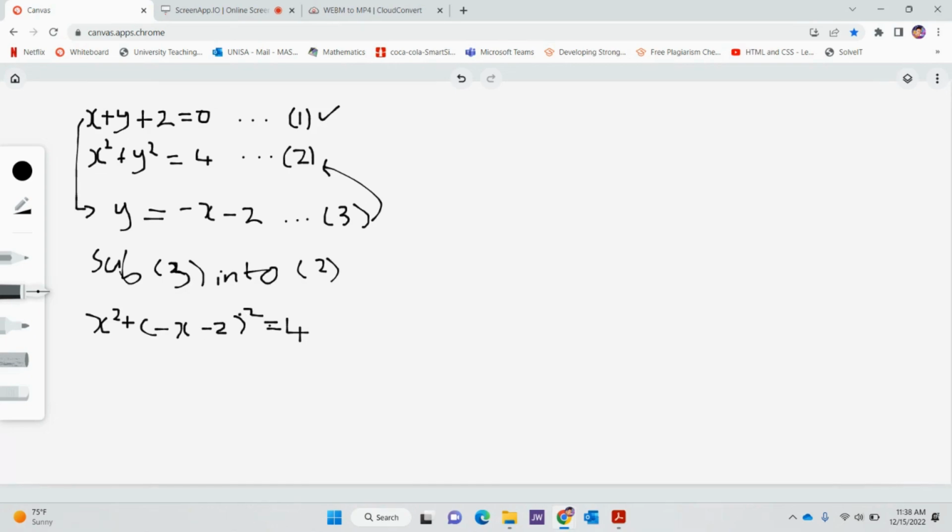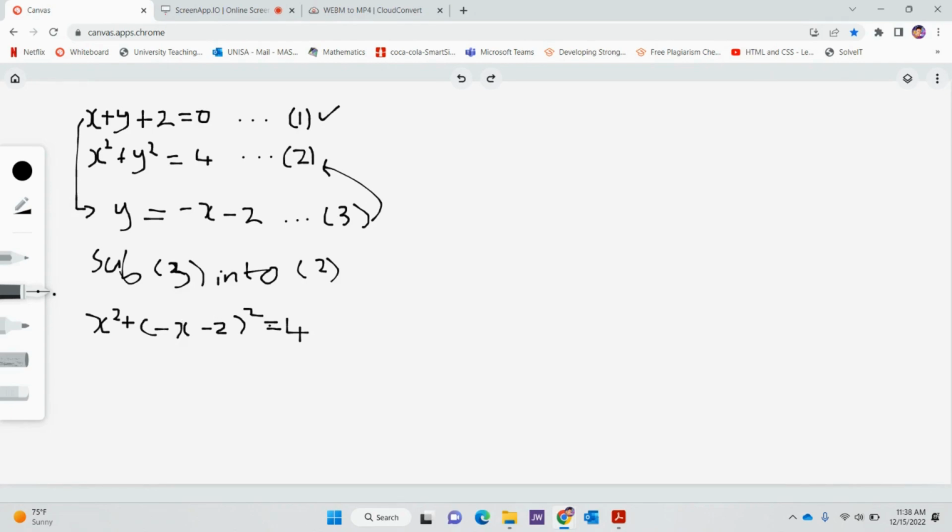So you'll get a learner that says minus x squared is x squared, and then minus 2 squared is 4. So remember, you can't do that. You can't say x squared minus 2 squared. That's applying exponent laws on plus and minus. We only apply exponent laws on multiplication and division.